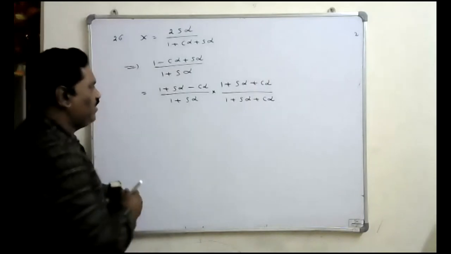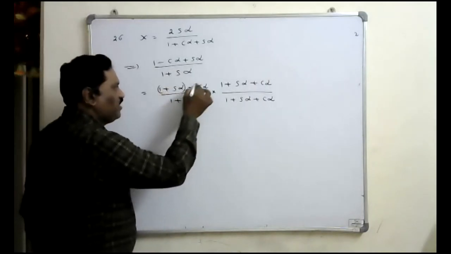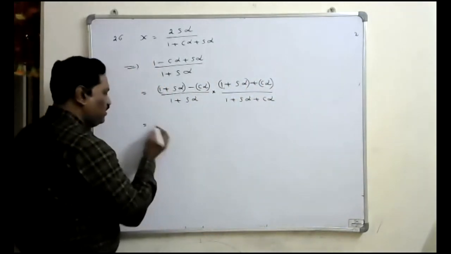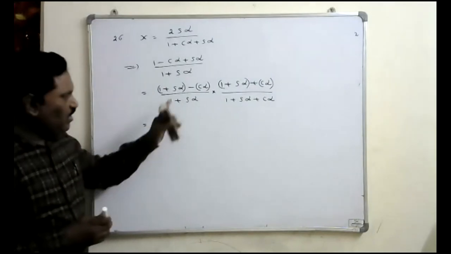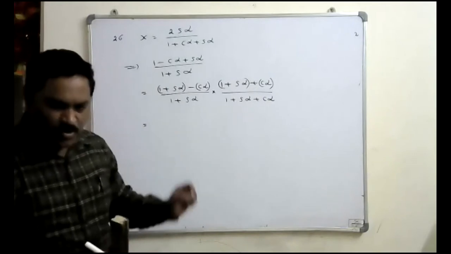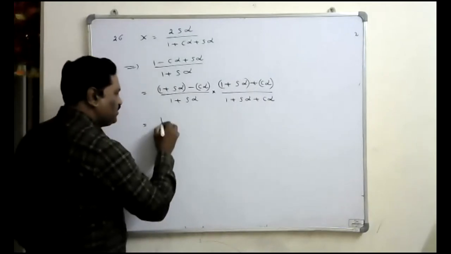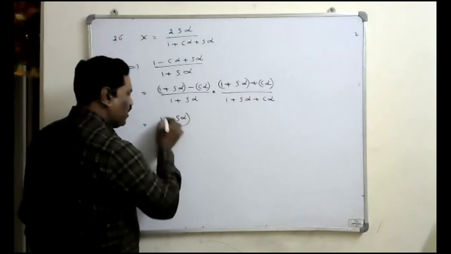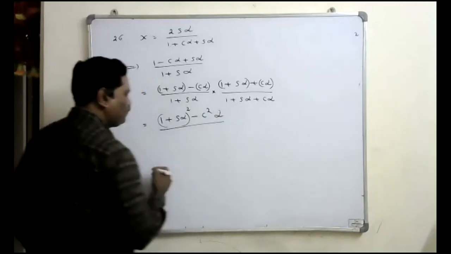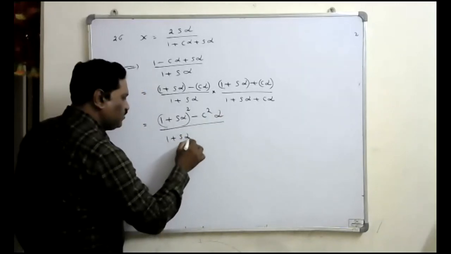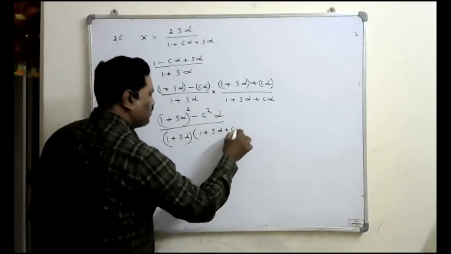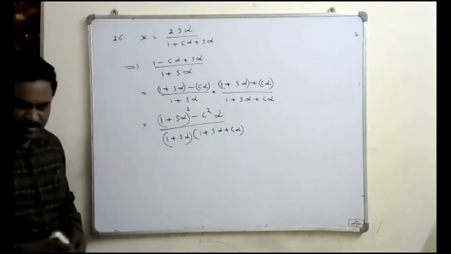Now observe the numerator. Consider 1 + sin α as one term, cos α as another term. It is in the form of (a − b)(a + b), so if you multiply, you get a² − b². A² means (1 + sin α)² minus b² means cos²α. Write the denominator as it is: (1 + sin α)(1 + sin α + cos α).